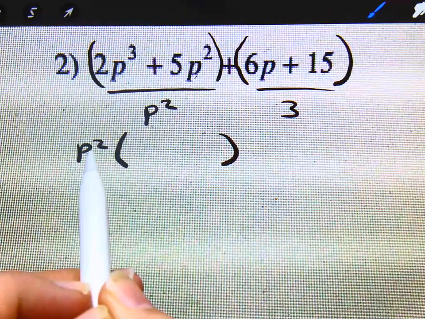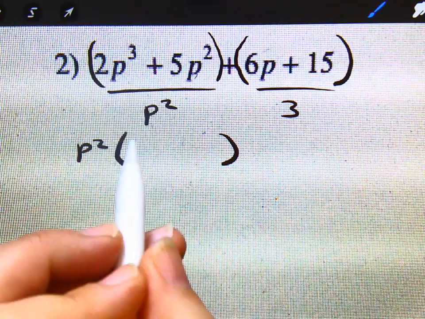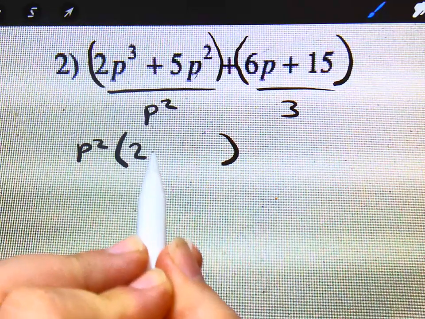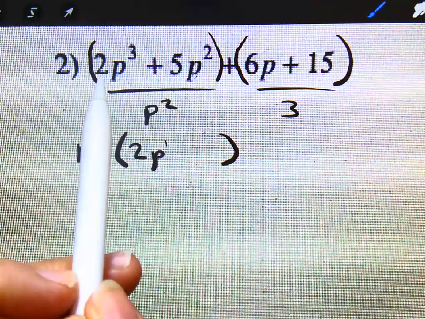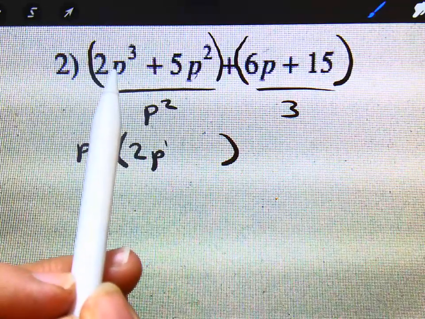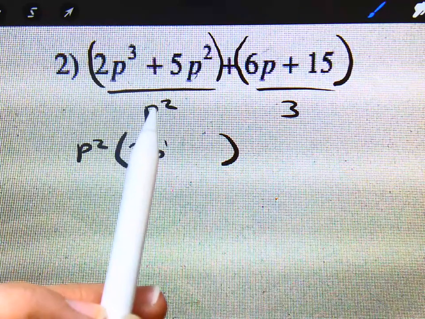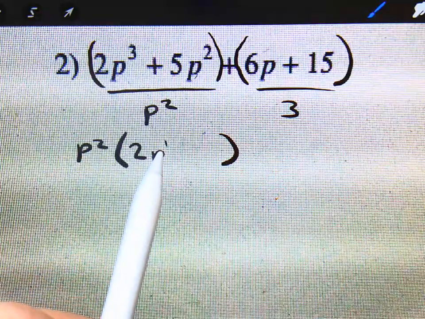So what would you have to multiply p squared by to get 2p to the third is one way you can view this, which would be 2p to the first. Or basically, 2p to the third divided by p to the second, we subtract our exponents and we get 1 left over.